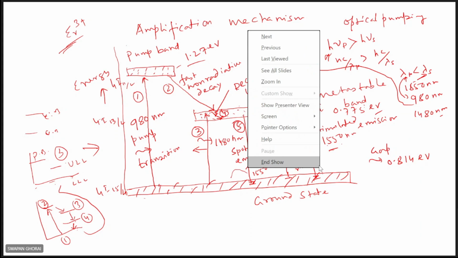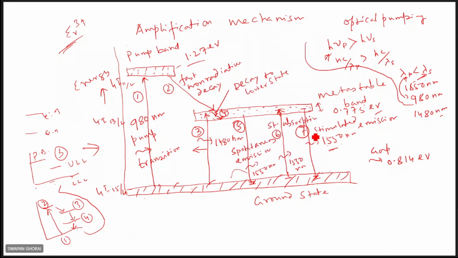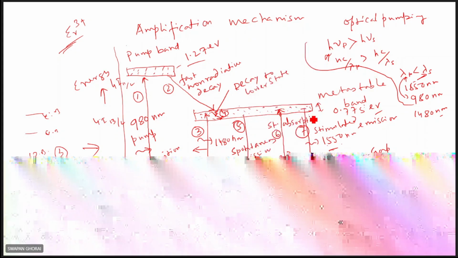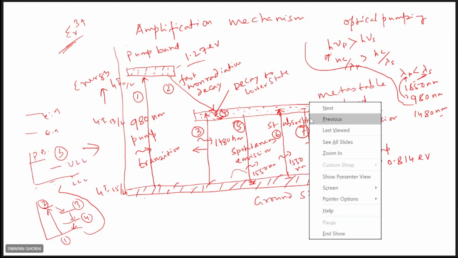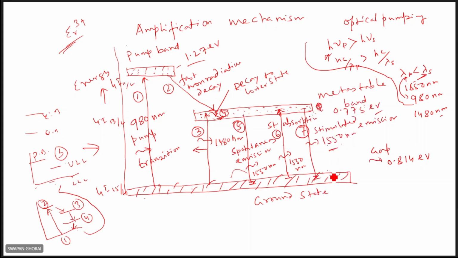From the top of the ground state to the bottom of the metastable state, it is 0.77 electron volt. It's not like these ones. It is these ones, from here to here, the top of the ground state.